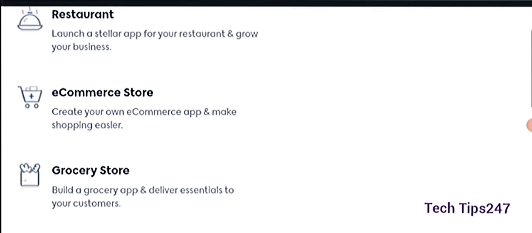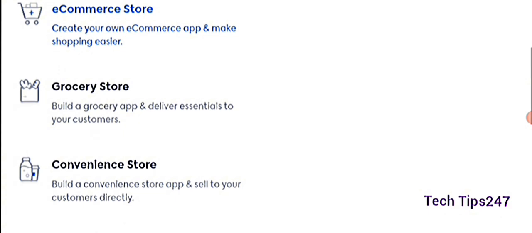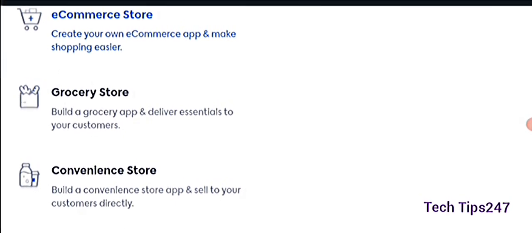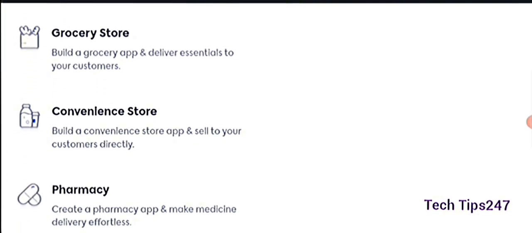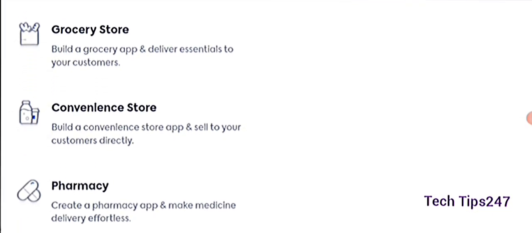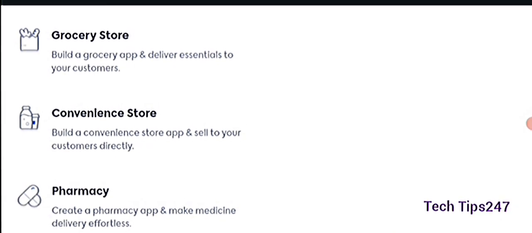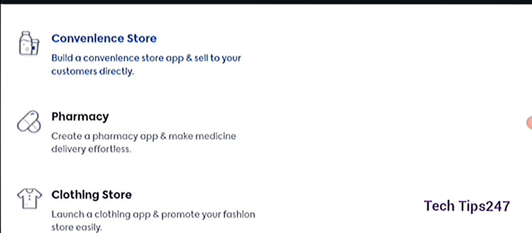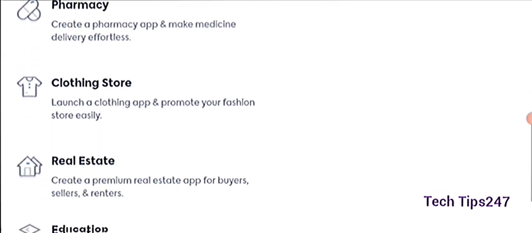You can also create an e-commerce app and make shopping easier. You can build a grocery app and deliver essentials to your customers. You can build a convenience store app and sell to your customers directly. You can also create a pharmacy app and make medicine delivery effortless.